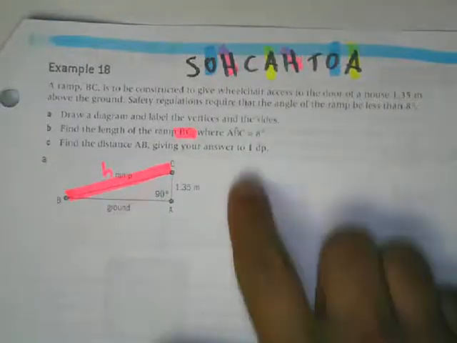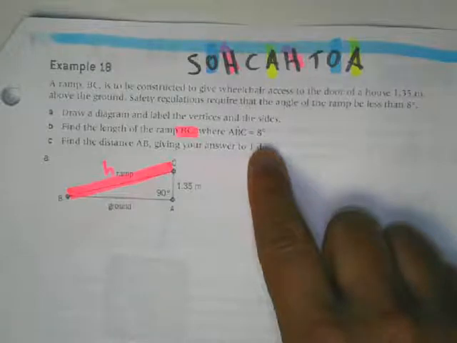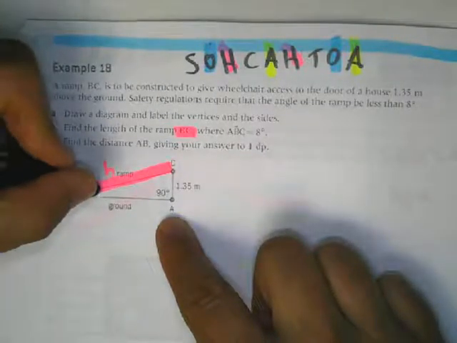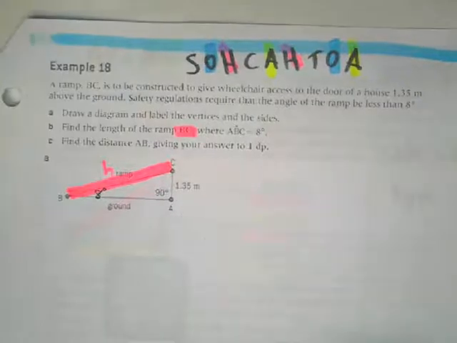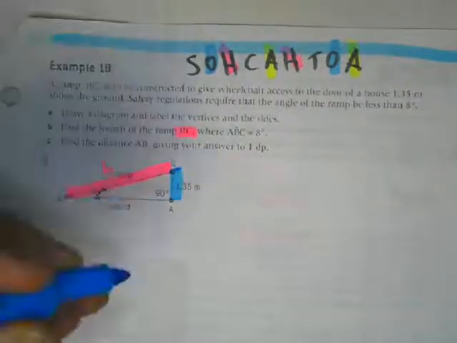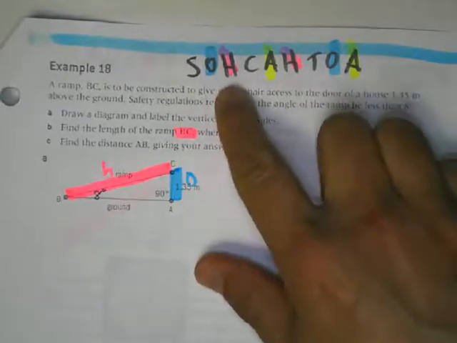You know this angle ABC is 8 degrees, which hasn't been labeled. So ABC, this is 8 degrees. And we know the opposite side here is 1.35. So if I've got hypotenuse and opposite, I'm going to be using sine.